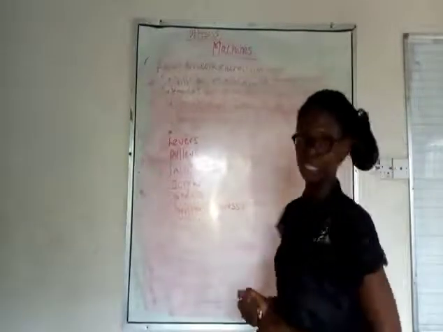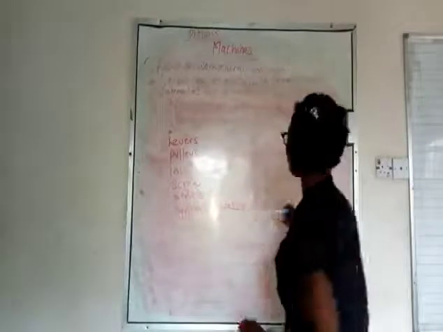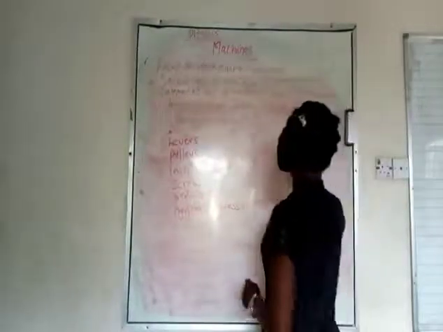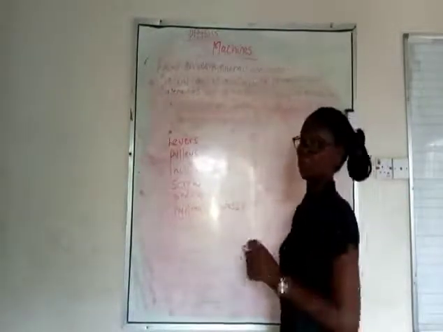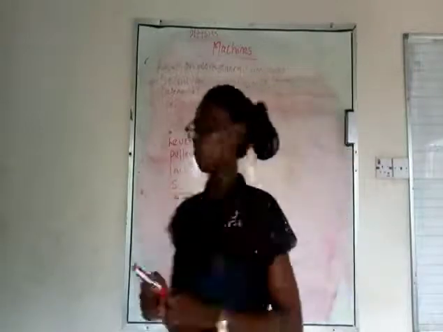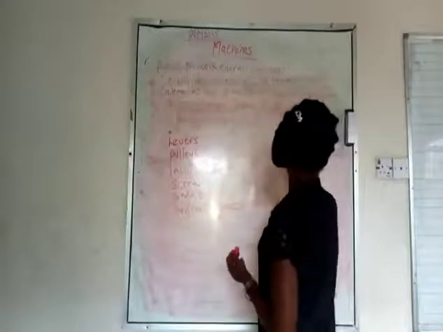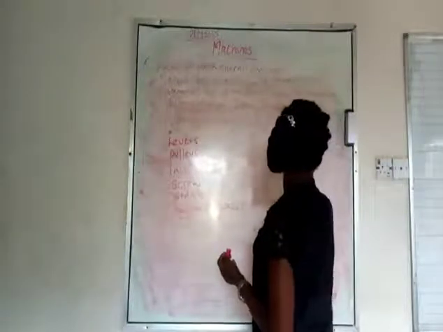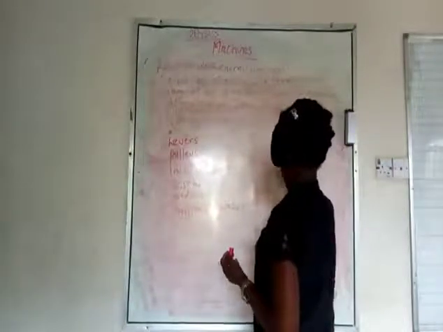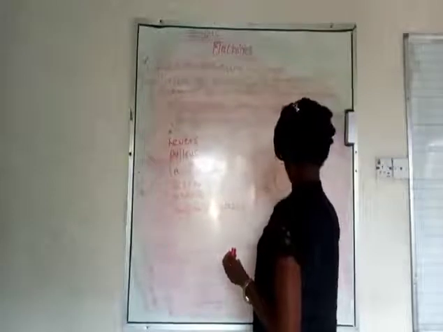The pulleys. Your pulley is actually a combination of, sometimes we call them the block and tackle system, where you have pulleys that are joined together. Okay, so if we have a pulley system that is joined like this, these are the pulleys that are connected.